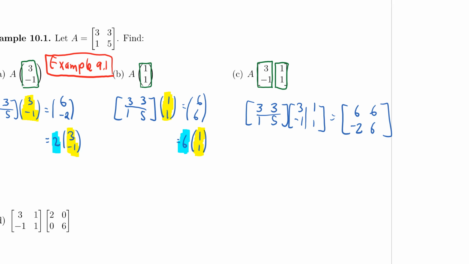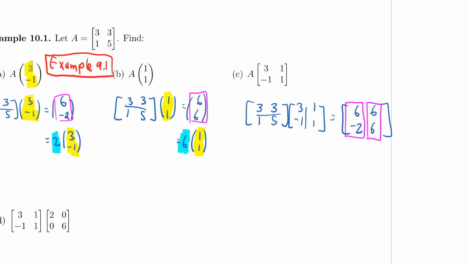So notice that the product is actually just the two products that we had earlier put next to each other. Oh, now I realize how my coloring is just off.